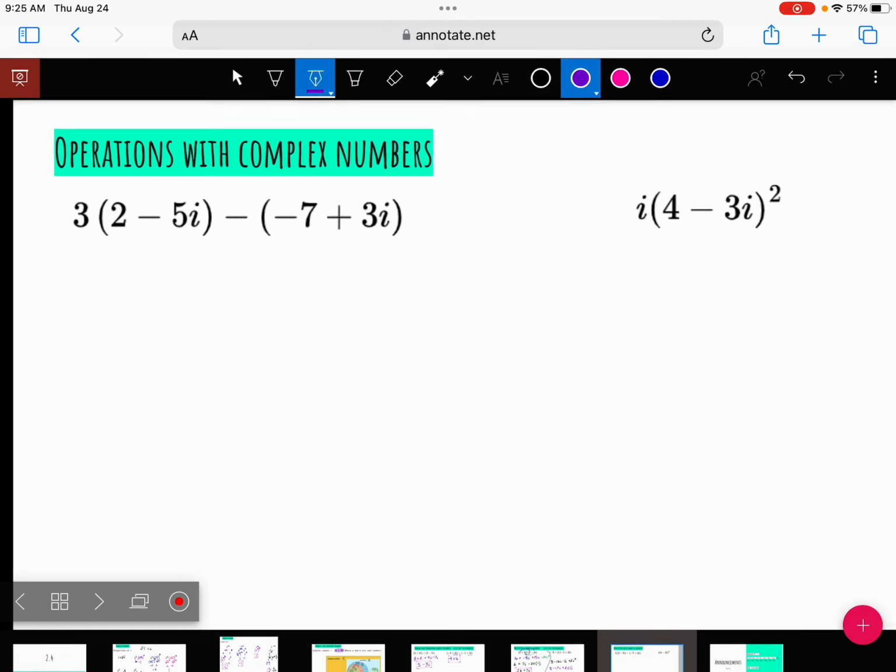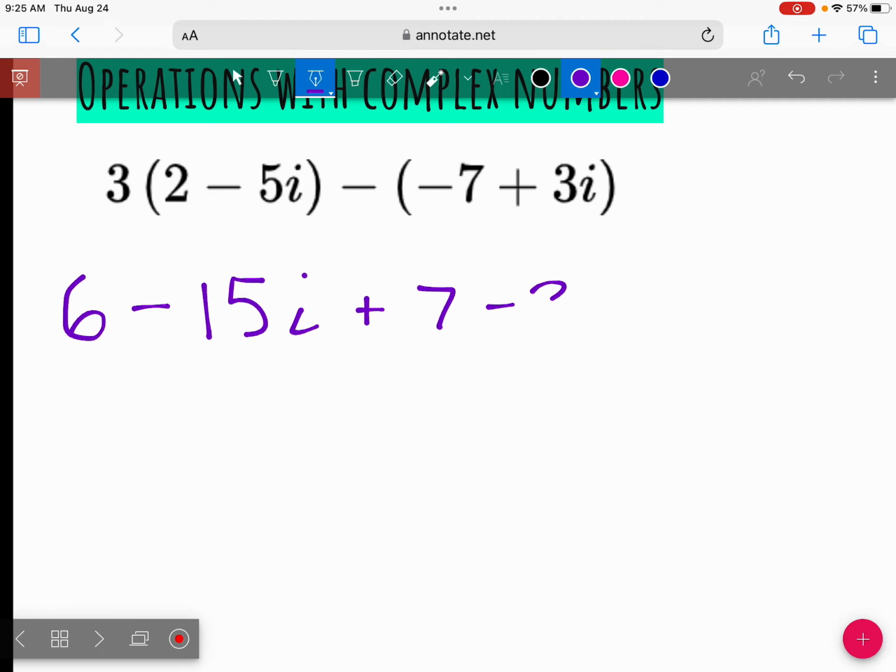I will recommend distribute and then do your subtraction, but do whatever works for your brain. 6 minus 15i plus 7 minus 3i would be how I would write the next step. I distribute the 3 and then distribute the minus sign. That's what works well for my brain, but it is not the only attack you can have on this.